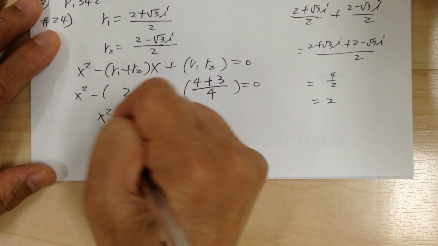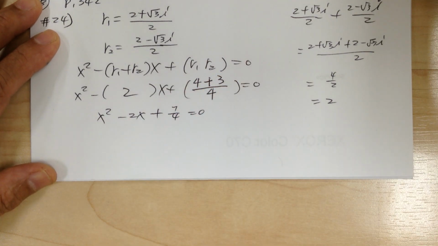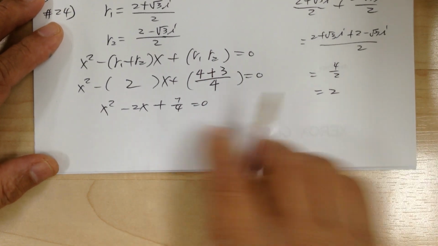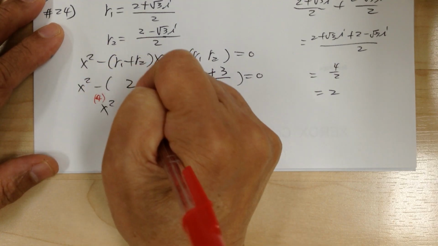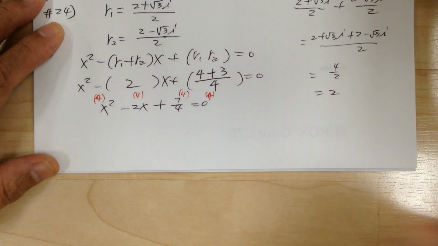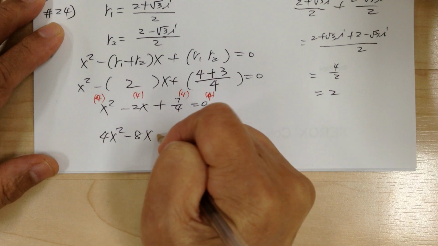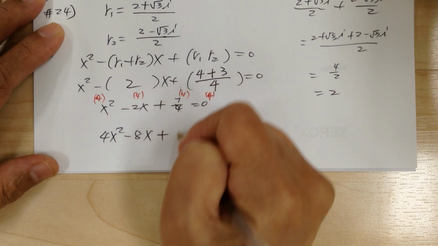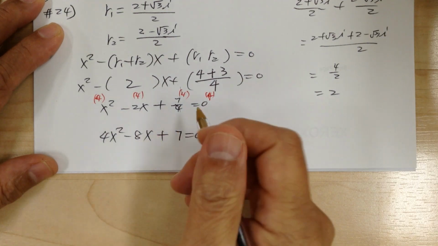So you get x squared minus 2x plus 7 over 4 equal to 0. For the final equation, you're not allowed to have a fraction, so you need to multiply by 4 to get rid of the fraction. So you're going to get 4x squared minus 8x plus 7 equal to 0, since the 4 cancels out.